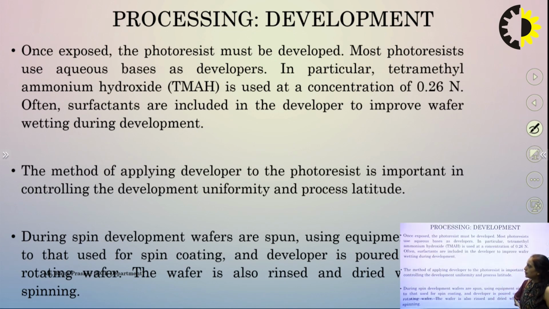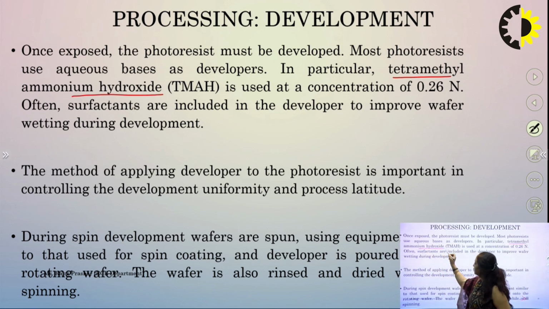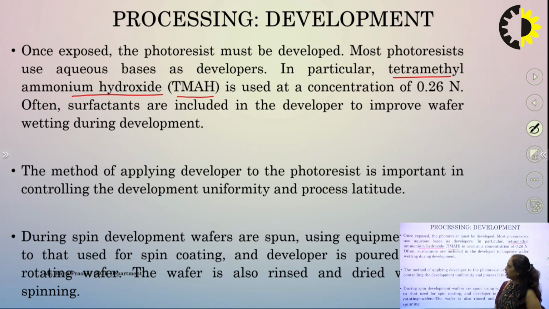Once it is exposed to the UV light, your photoresist must be developed. Most photoresist materials use an aqueous base developer solution. For example, tetramethyl ammonium hydroxide, commonly known as TMAH, is used at a concentration of 0.26 normal.